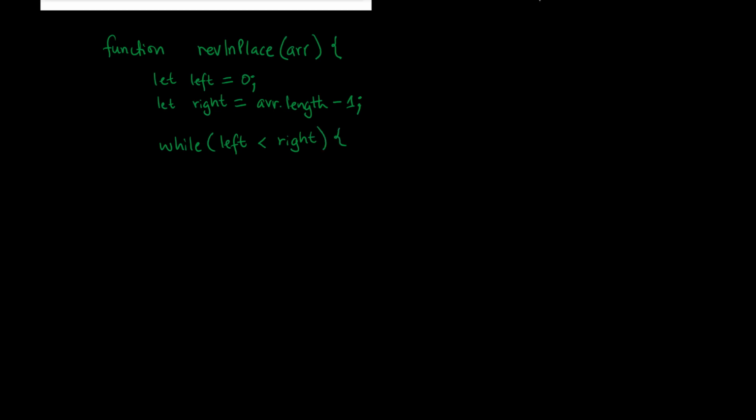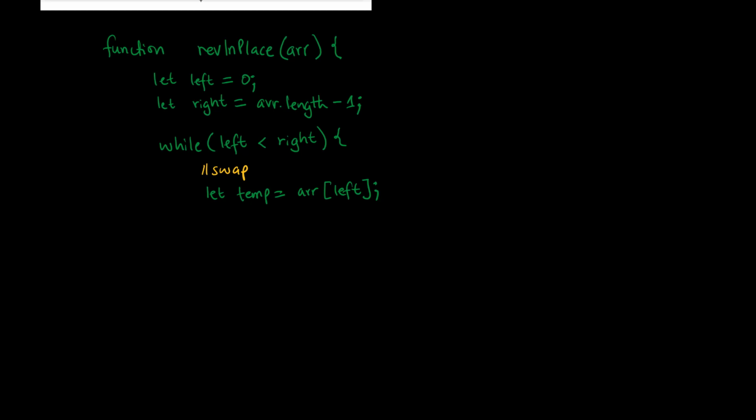keep swapping. And how do you swap? Swap is you have a temp variable here. Say let temp take one of them, it can take the right or the left. I prefer just starting from the beginning. So let temp be array left.